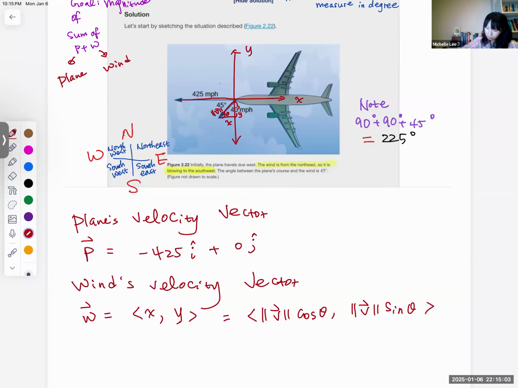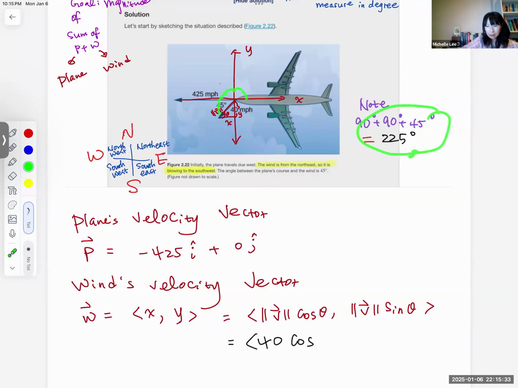Now, the magnitude is 40, right? And the angle, look, here is 45 degrees. So how do we calculate it? Counterclockwise, 90 plus 45, here you go.